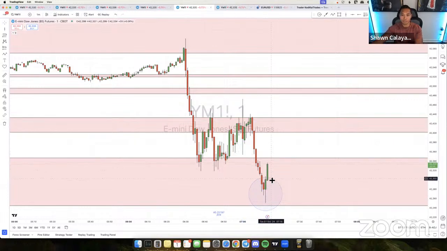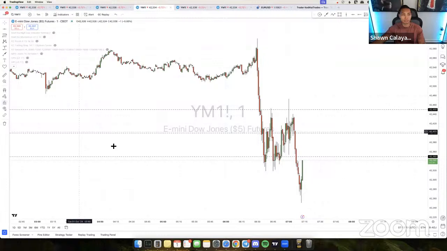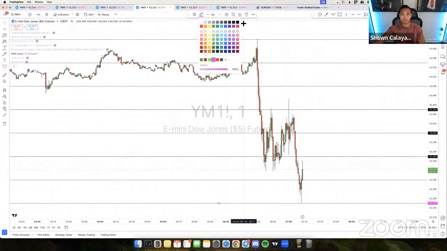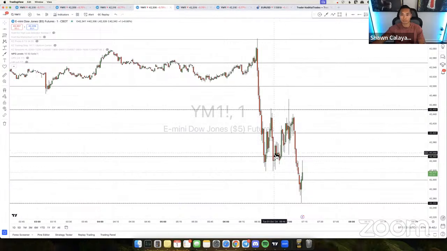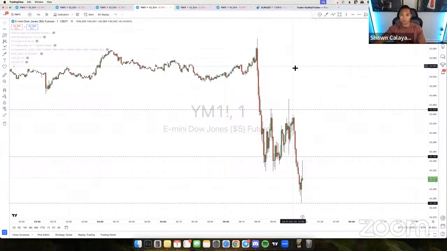This is why it's important that you guys have different pictures to see what's going on. You guys can see here, this is a little easier to see because this is on the higher time frame. Basically you're able to identify the fake out. So here's the range right here.